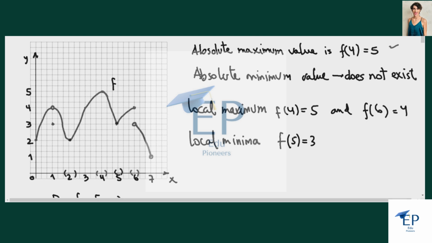Okay, let's put it back here. And above there are also two values, so we can talk about local maxima: f of 4 equals 5 and f of 6 equals 4. And local minima: f of 5 equals 3. We have another one at 2: f at 2 equals 2.